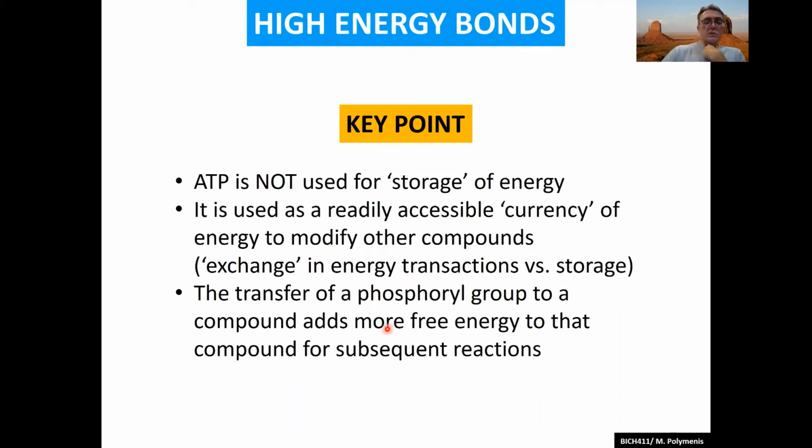So this phosphoryl transfer, we saw hydrolysis only, but actually the phosphoryl group can go on to other compounds, as we will see many times in this class. And that makes these phosphorylated compounds very useful to the cell, very useful for various other chemical reactions. Again, just like money.